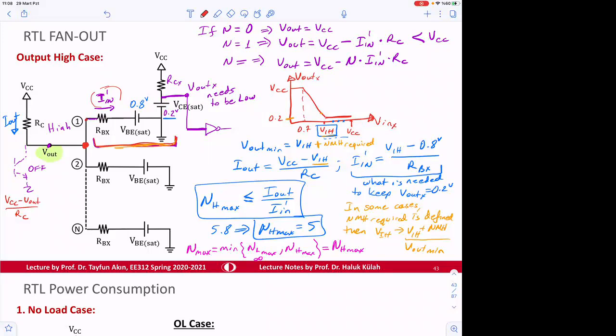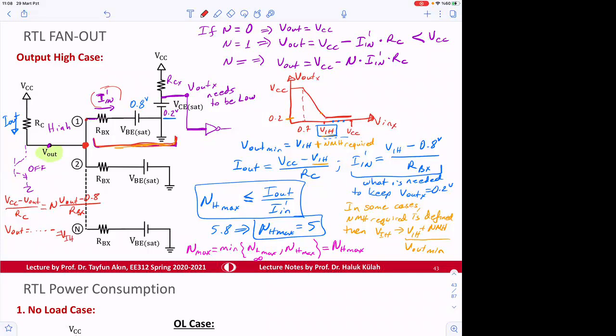Writing this is equal to n times V out minus 0.8 divided by R bx, and then saying find V out is equal to blah blah blah, and then that should be equal to V input high.